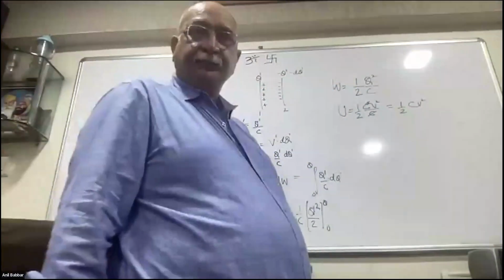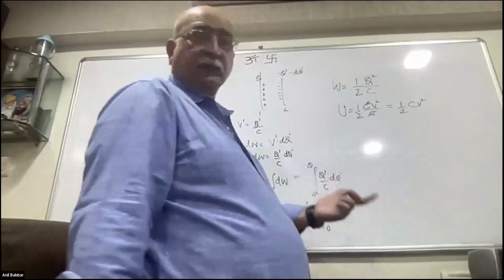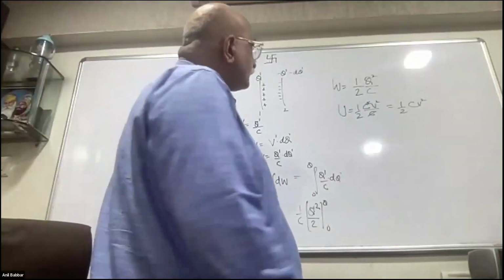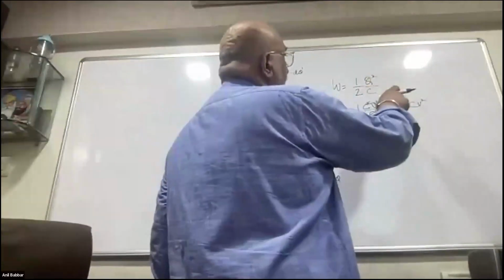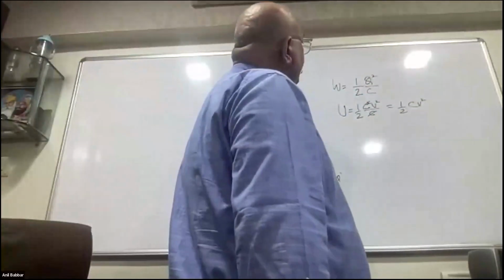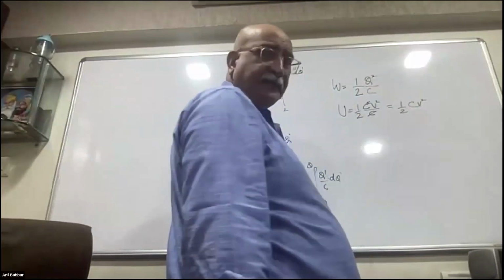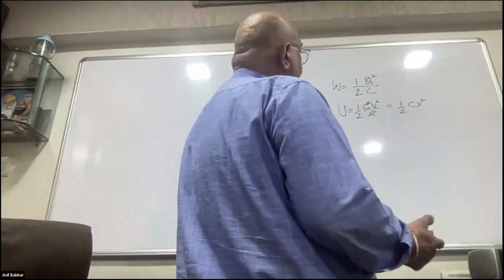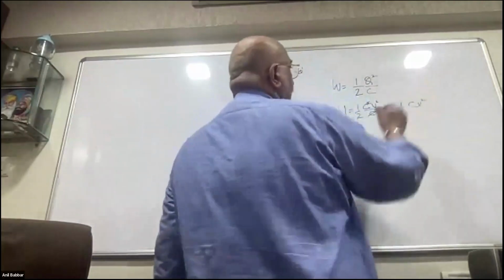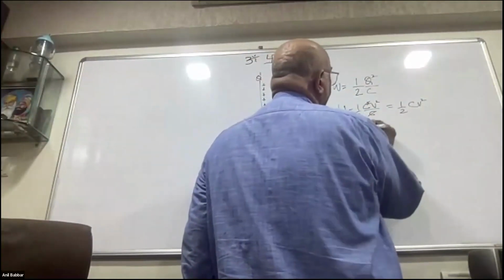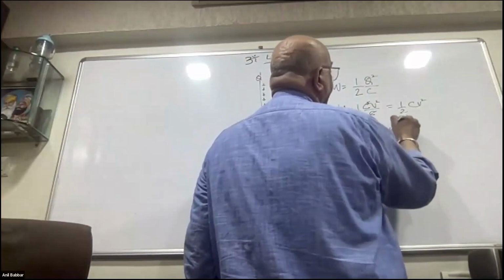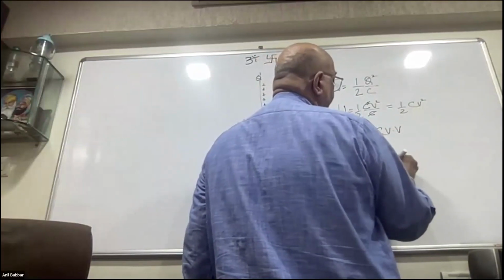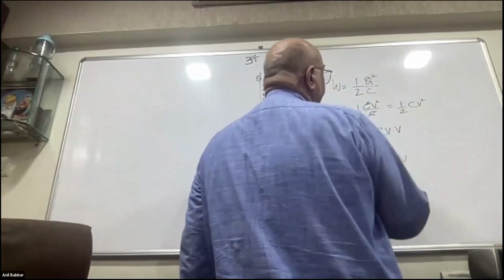Another formula: U is equal to half CV into V, and CV is equal to Q, so U is equal to half QV.